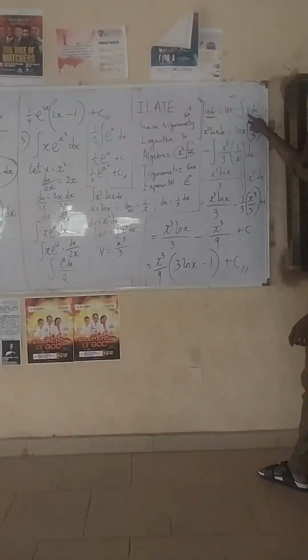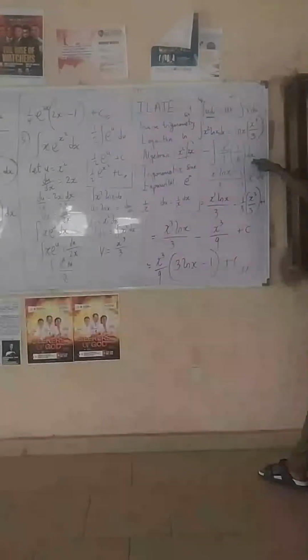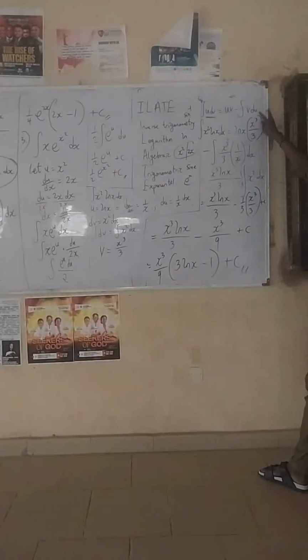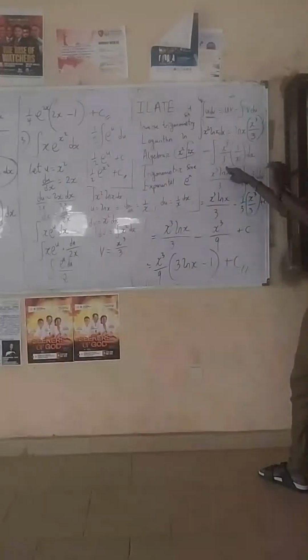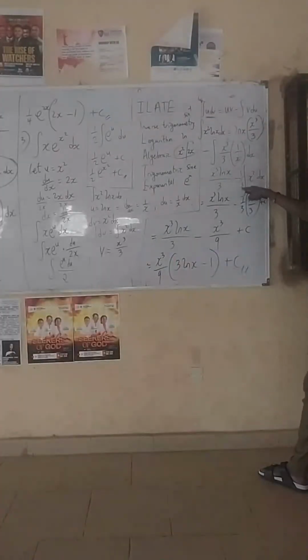These two, the v and the du, you multiply each other first before you integrate with respect to x. When you multiply, one of these x can cancel one of them here. That's why we have x squared over 3. This 1 over 3 is a constant, like a coefficient, so we bring it outside when we want to integrate.